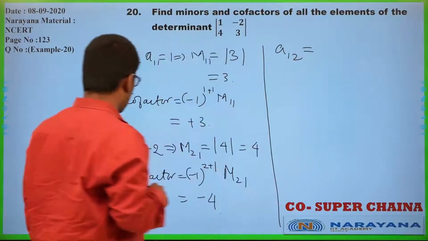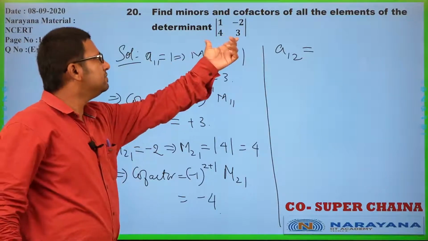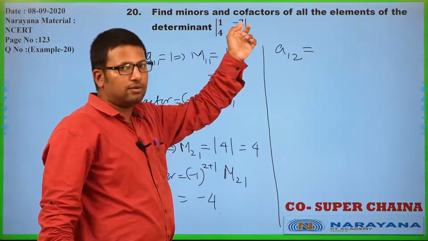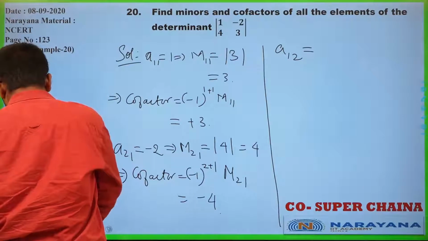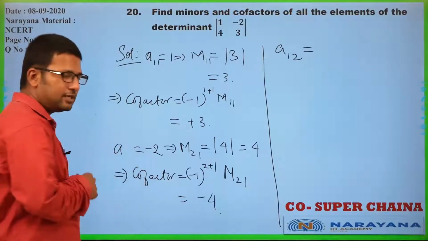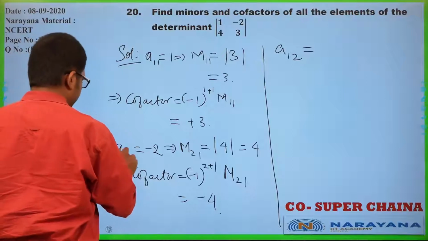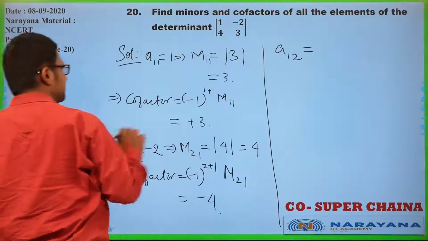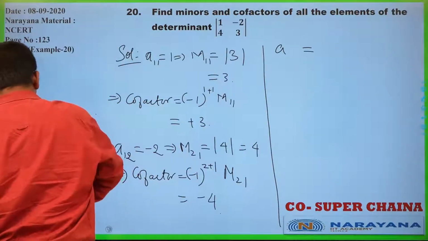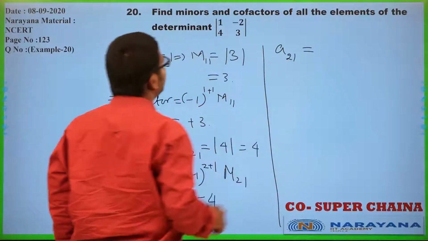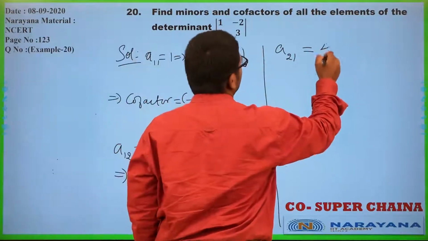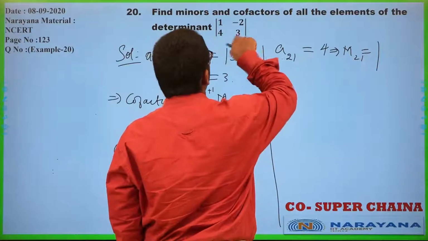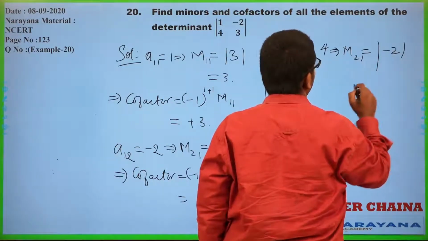A12. Alright, I wrote this as A21, that would be incorrect. -2 is here, which is first row, second column. So this is in fact A12. Please correct this. Now we are going to get to A21. A21 is the element 4, which means M21 would be, leave that row, that column, -2, right?